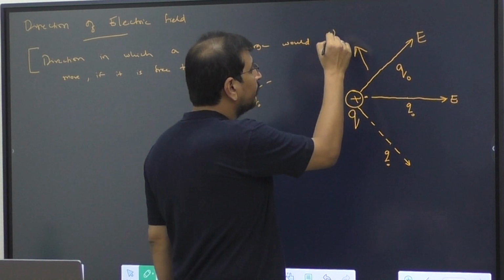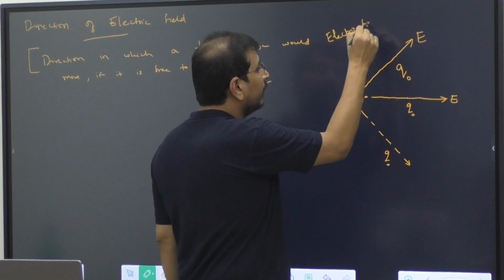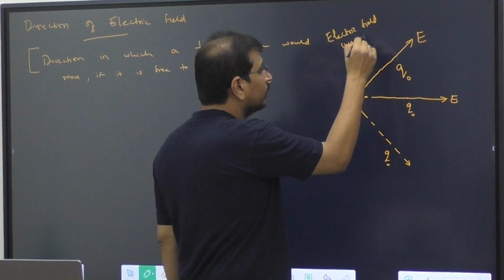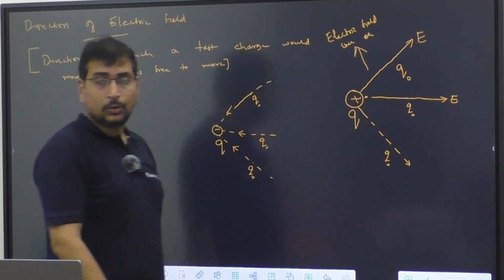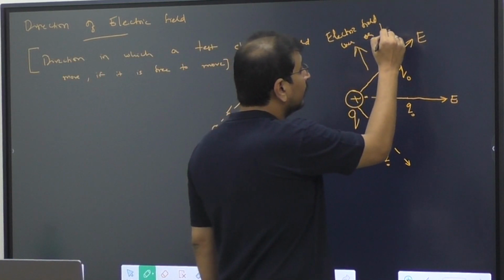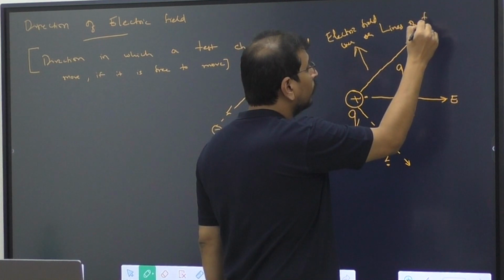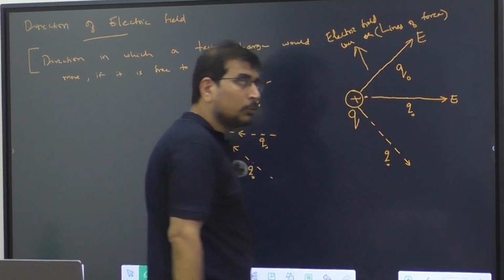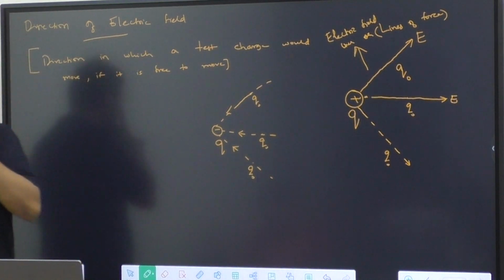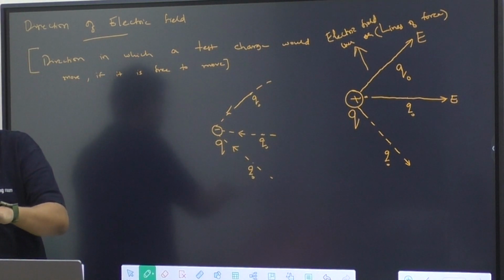They are called electric field lines, or lines of force. They both mean the same.